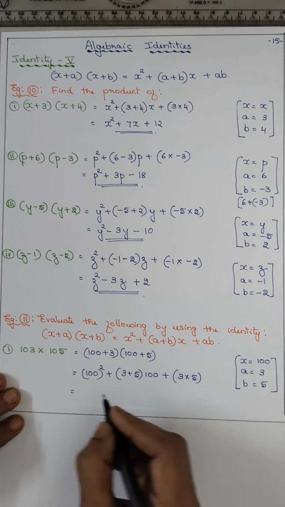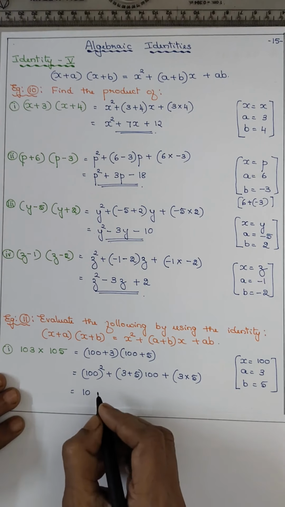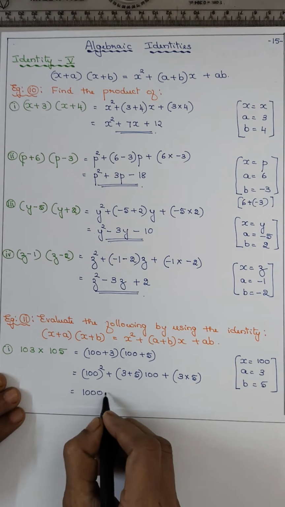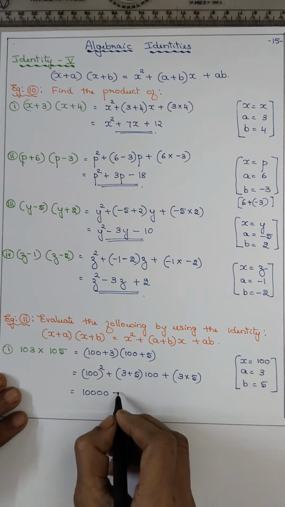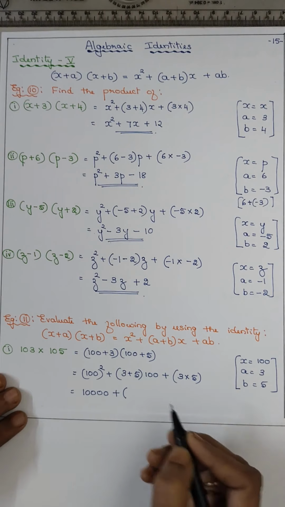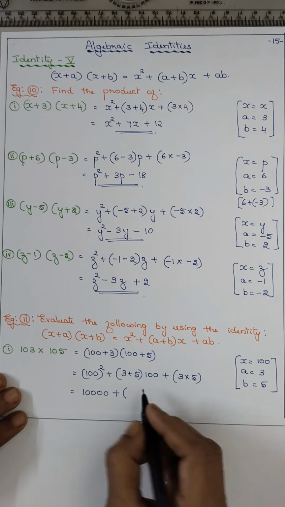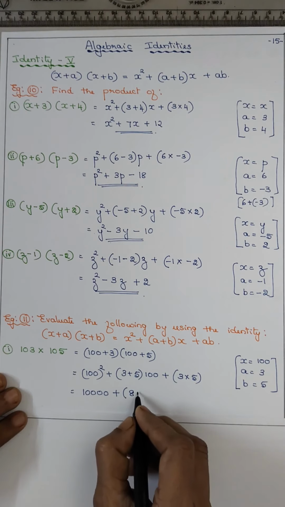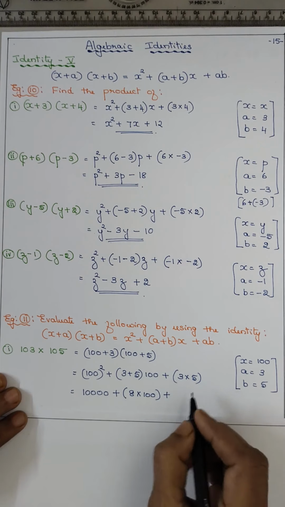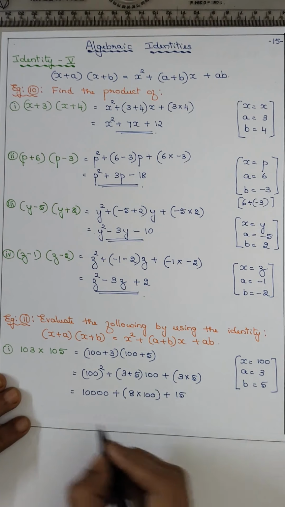Now 100 square, already you know we have discussed, isn't it? So 2 zeros, we have to put 4 zeros, plus here there is multiplication. So bracket open, 3 plus 5 is 8, into 100, plus 3 5s are 15.